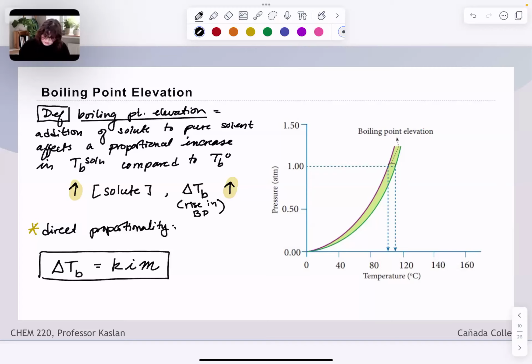So this is our boiling point elevation equation, where our change in boiling point, delta T_b, is equal to the boiling point of our solution compared to the boiling point of our pure solvent. So that is how much higher our solution's boiling point is compared to the pure solvent.